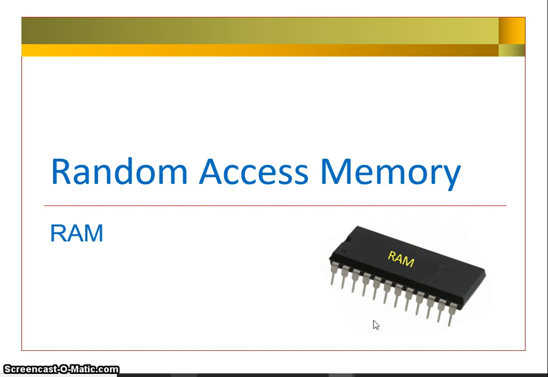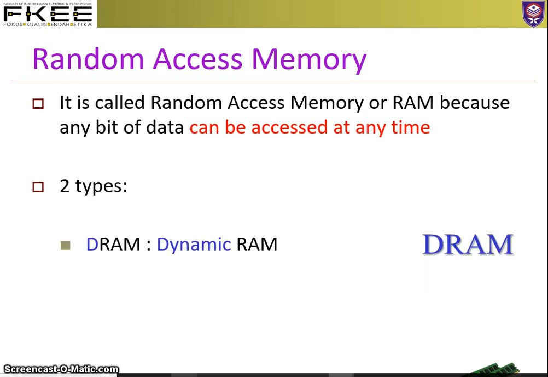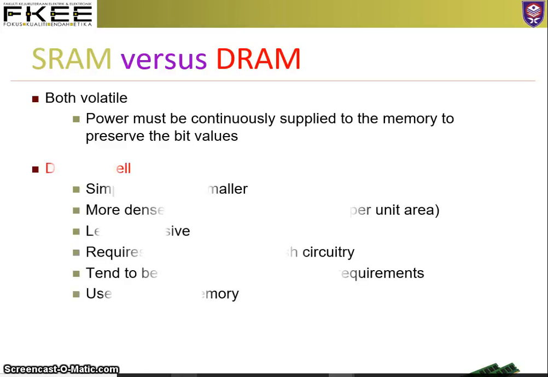So we move to the random access memory, or RAM, where we have two types of RAM, which are the dynamic DRAM and static SRAM. Both data can be accessed at any time for these two particular types of RAM. Both are volatile, meaning that when there is no power supply, the data will be gone.